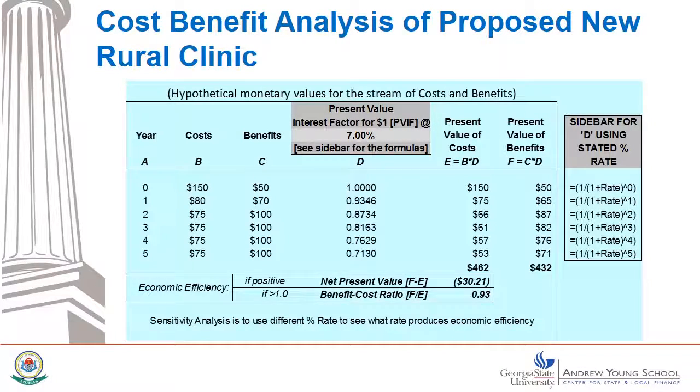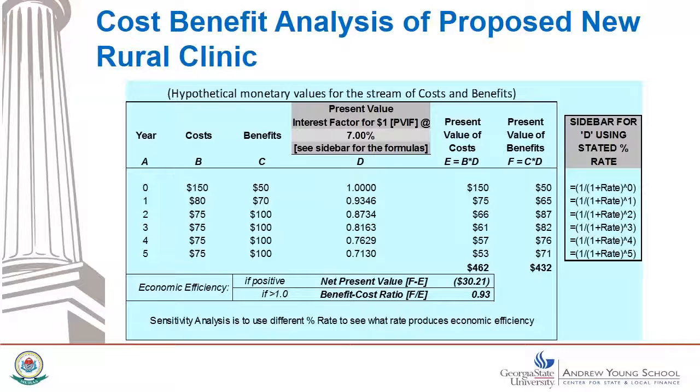Now we can return to the clinic example to see how it might look when doing cost-benefit analysis. The monetary units shown here are hypothetical values for the stream of costs and benefits over a 5-year time horizon.